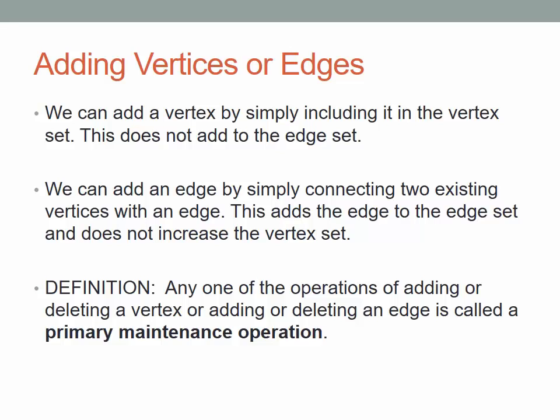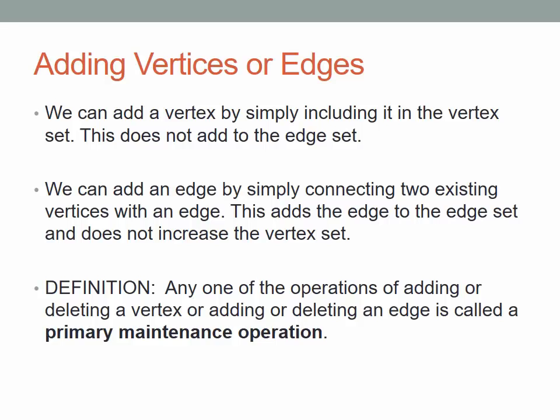It's an observation that each of the black edges are edges in a cycle. So adding vertices or adding edges to a graph, what happens there? We can add a vertex to a graph simply by adding it to the vertex set. Adding a vertex does not necessarily increase the number of edges unless you specify the neighborhood of the new vertex.